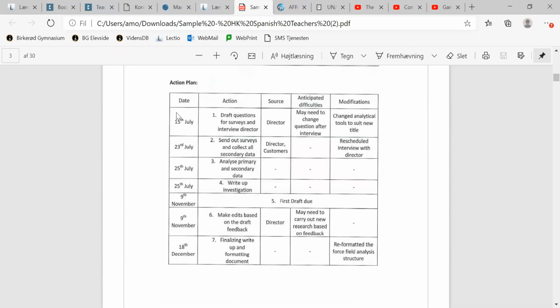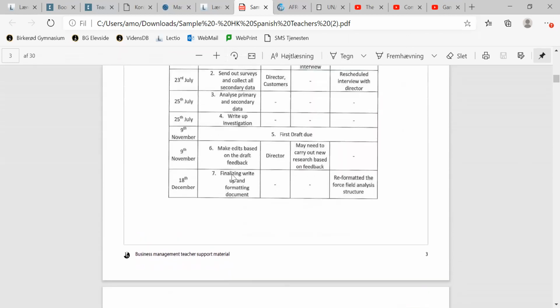You can say your project starts towards mid-November, and it's going to end with your final draft in mid-February. So just check the dates on the lecture, and then put mid-November, mid-February, and some dates in between, what you plan to do.